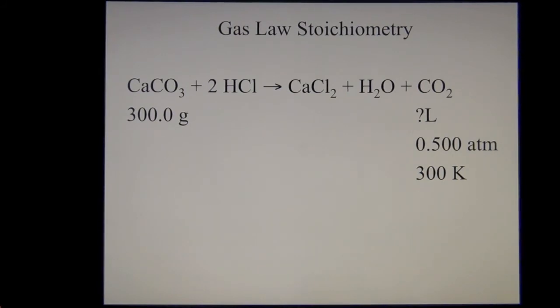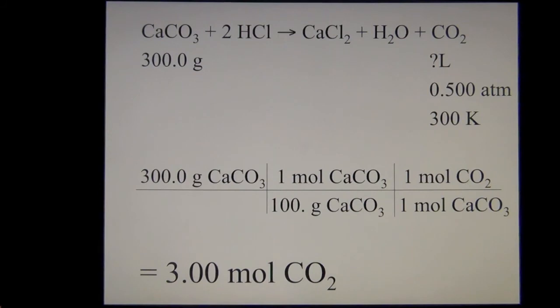We've got to take the 300 grams of calcium carbonate and see what quantity of CO2 we're going to be able to produce. So the first thing we need to do is add up a molar mass for the calcium carbonate. If we visit our periodic table, we're going to see that calcium is worth 40 grams per mole, carbon is worth 12, and each of the 3 oxygens is worth 16. If you add up that molar mass, that is the 100.